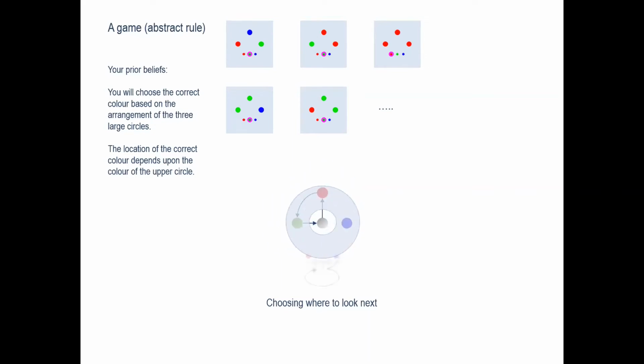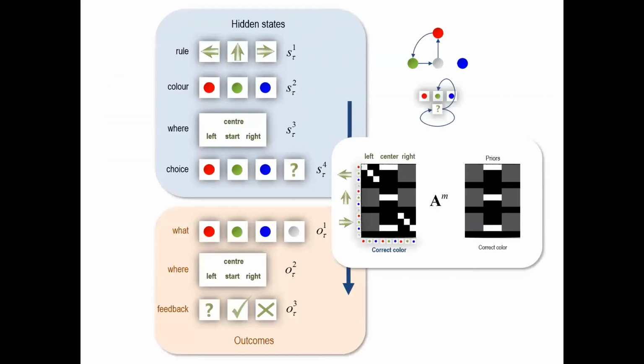So I have to write down various policies in terms of sequences of eye movements that target the different circles and write down what I would see if I was looking at this circle or that circle. Basically, a generative model that can solve the problem of where to look next, and when confident about the correct color, then use eye movements to indicate at the bottom what the correct color was.